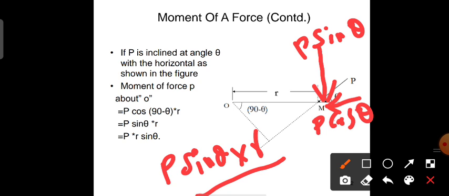This is another method, and it is a very easy method to calculate the moment.